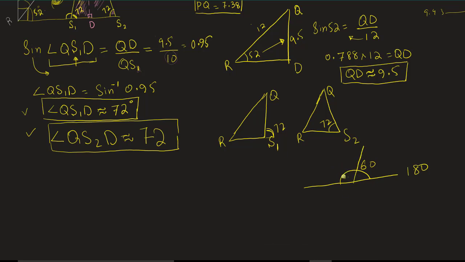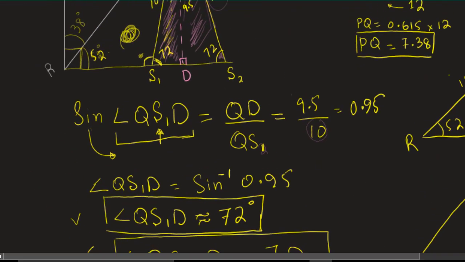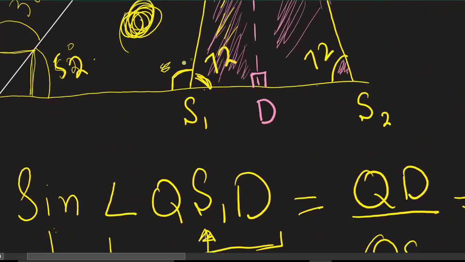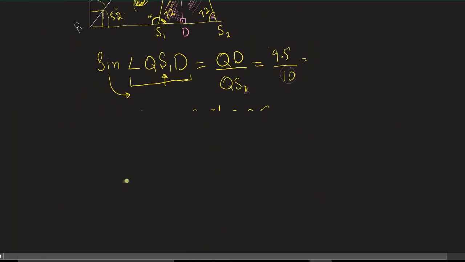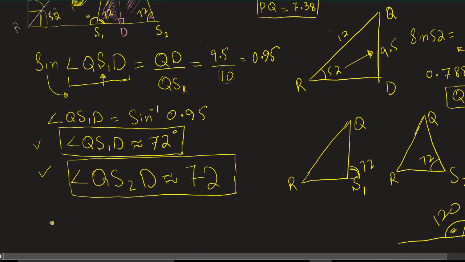So what would this one be? 180 minus 60 is 120, right? So to find the inside of the triangle, this one, we just need to subtract 72 from 180. So angle QS1R is going to be 180 minus 72, which is 108.